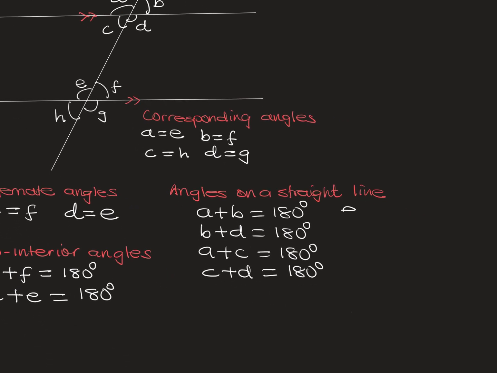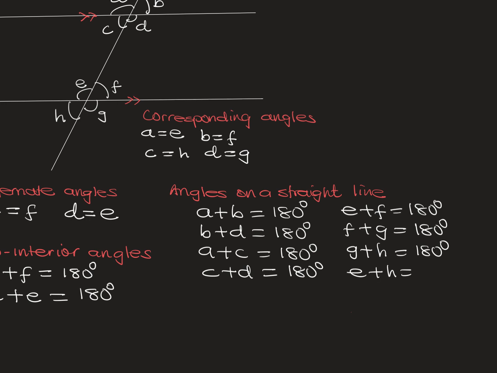Again, E plus F is equal to 180 degrees, F plus G is equal to 180 degrees, G plus H is equal to 180 degrees. E plus H is also equal to 180 degrees. Because of the theorem, angles on a straight line makes up 180 degrees.